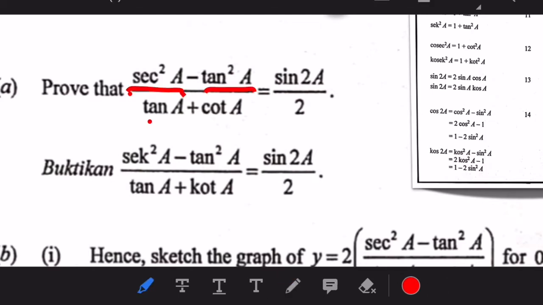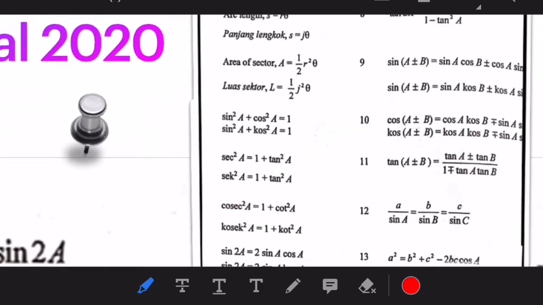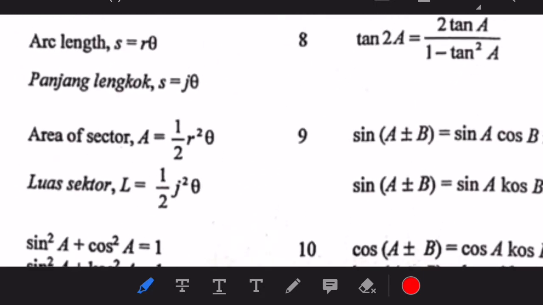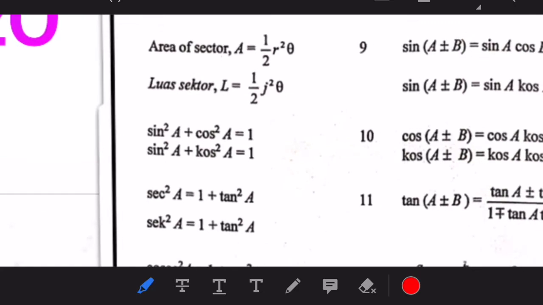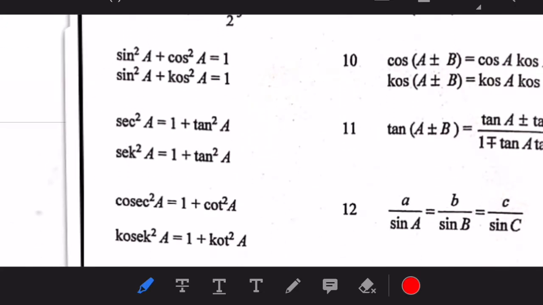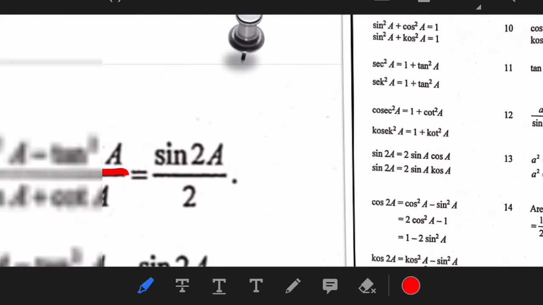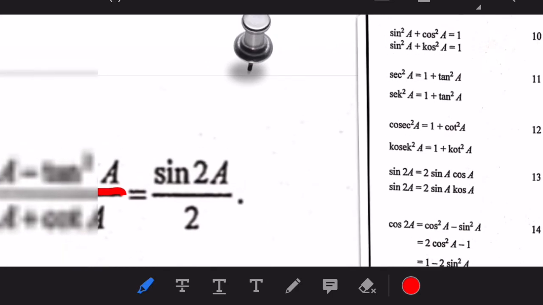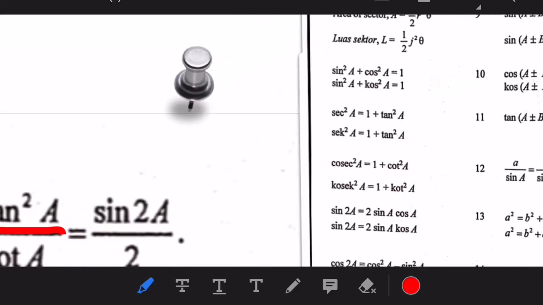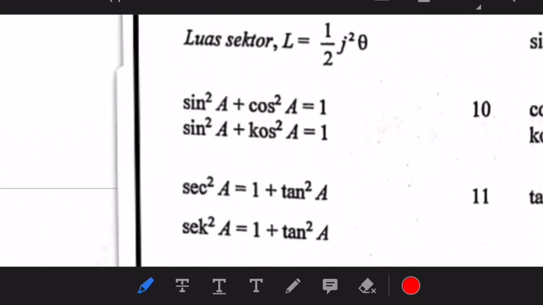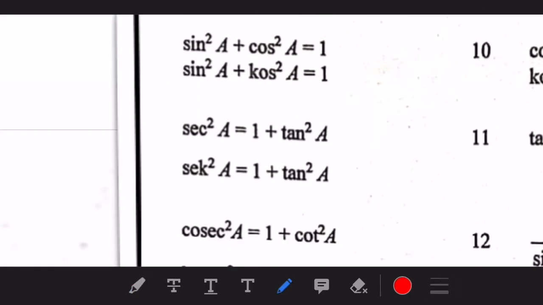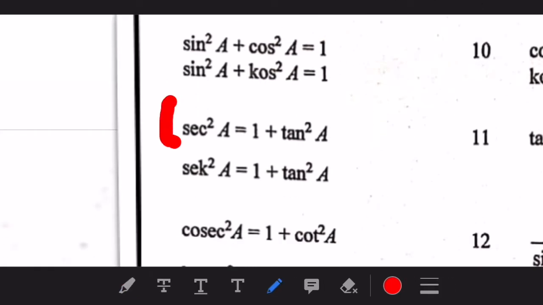Basically, I'm sure you know how to open up the formula list. So you find the related one. Which one is related to this question? We see the sec square and tangent square, so we go to the formula list and highlight, circling the formula that we're going to use.